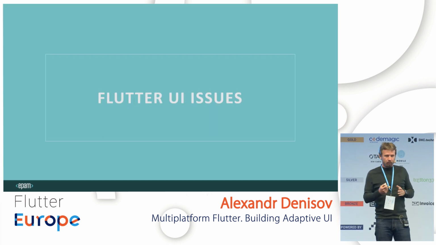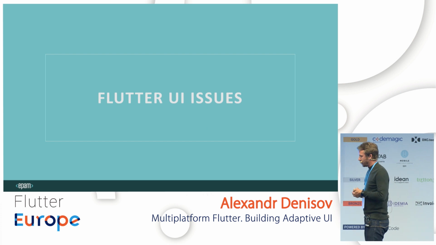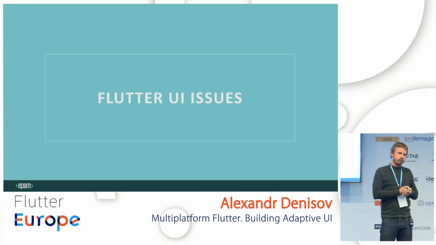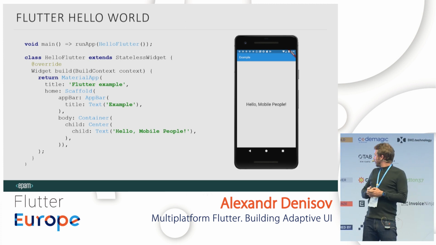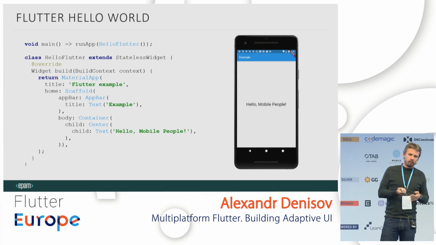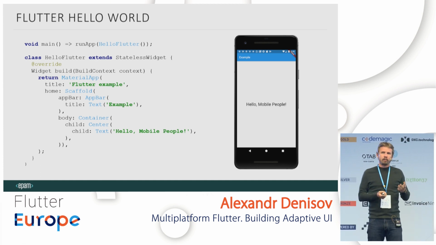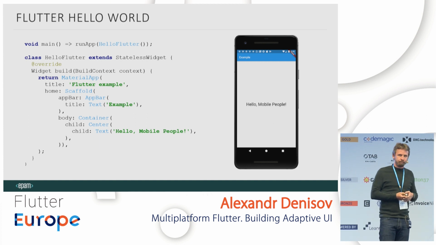And let's talk about Flutter UI building issues. Take a look at this example. This is a classical hello world that just shows the text hello mobile people on the screen of a phone.